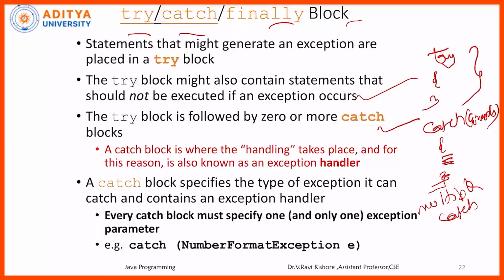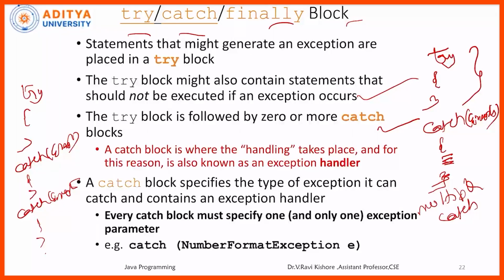That means try, catch, again catch, again catch. In this way, I can write multiple catch blocks for a single try block.